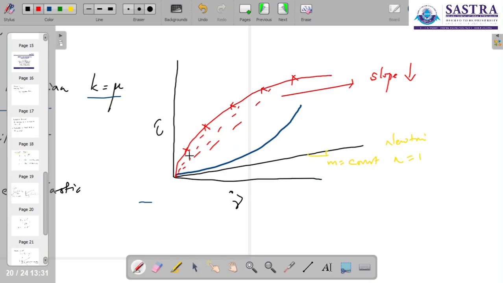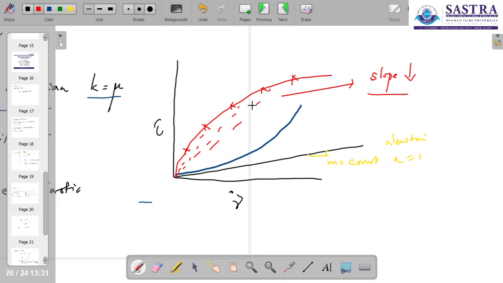This means as you keep increasing the applied force, it becomes easier and easier for the fluid to deform, because this slope characterizes the internal friction, or in other words the viscosity in terms of a Newtonian fluid. We don't use the word viscosity here.